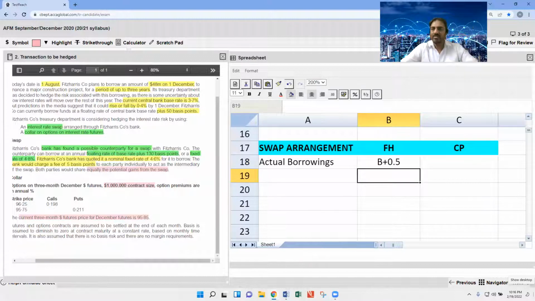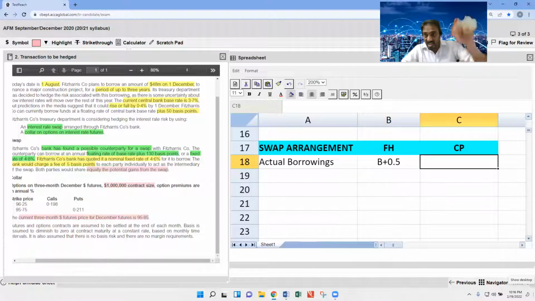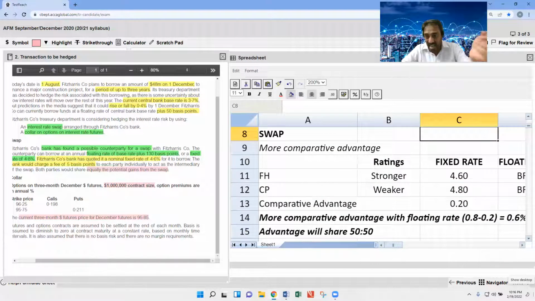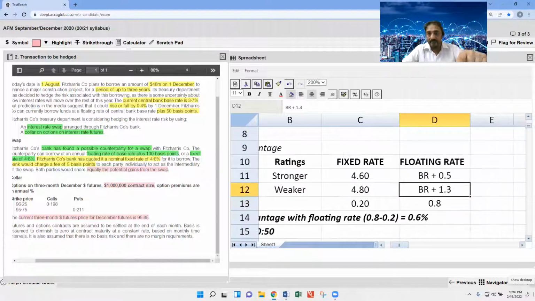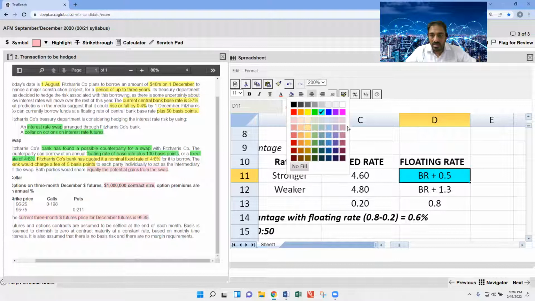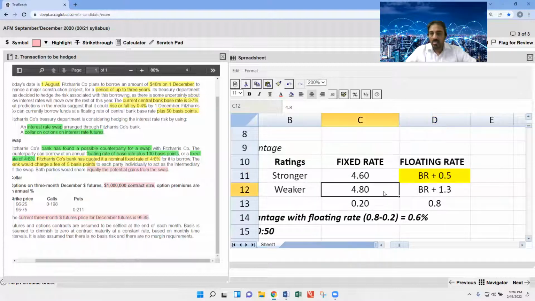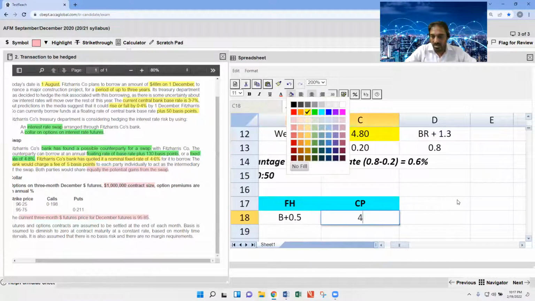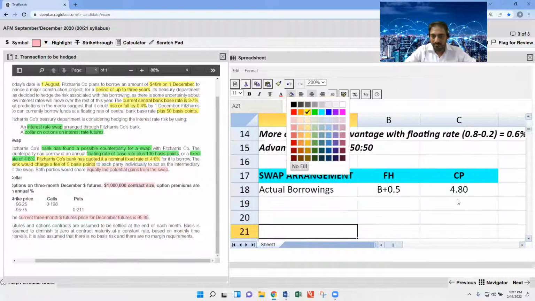If actual borrowings is basis plus 0.5, the second step, the counterparty will collect against the stronger party. So what will be the against? The against is this one, 4.8. This is the rule.